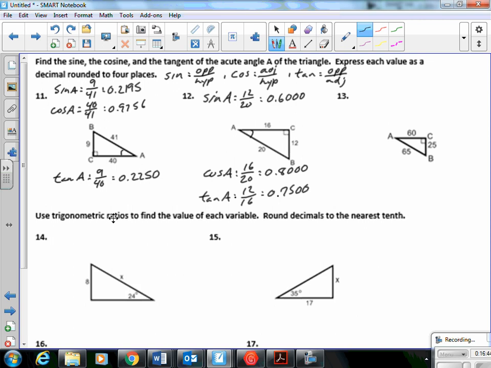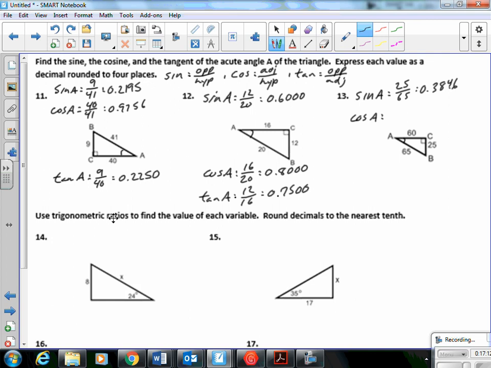And 13, A is here, opposite side is 25. So opposite 25 over the hypotenuse, which is 65. So 25 divided by 65, 0.3846.